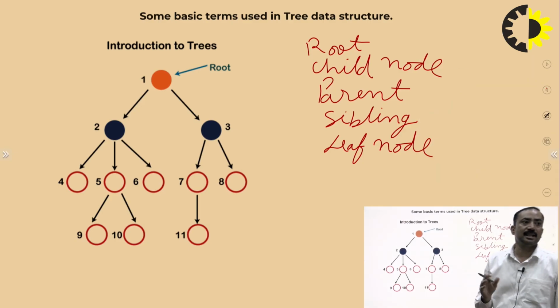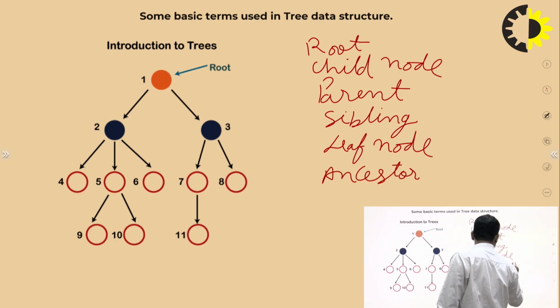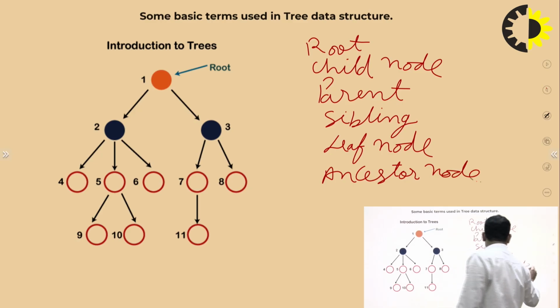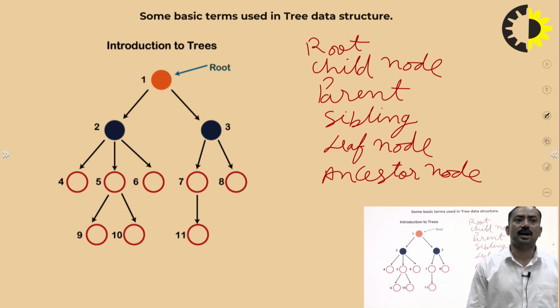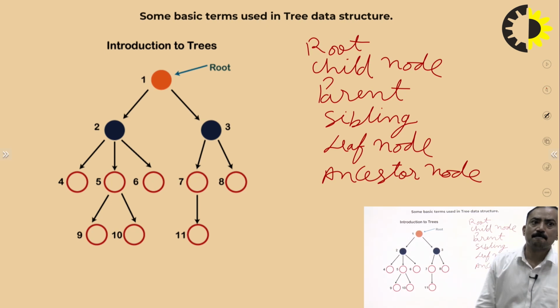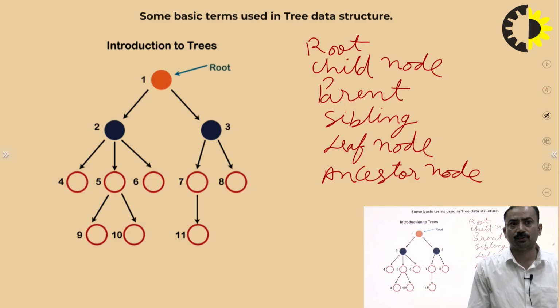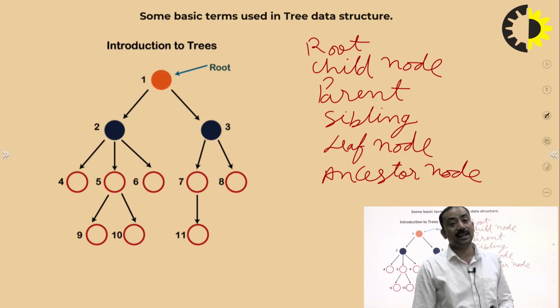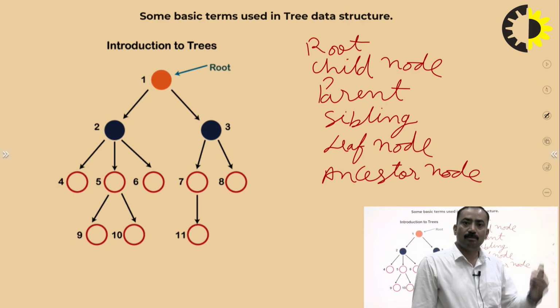An ancestor node of a node is any predecessor node on a path from the root to that node. The root node doesn't have any ancestor because we don't have any path upward from the root node.